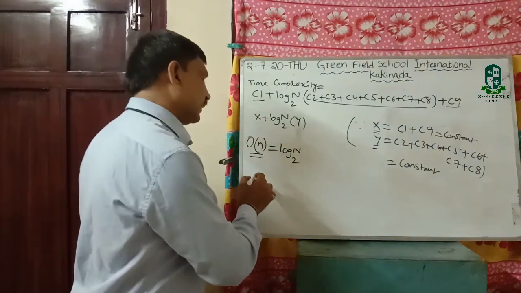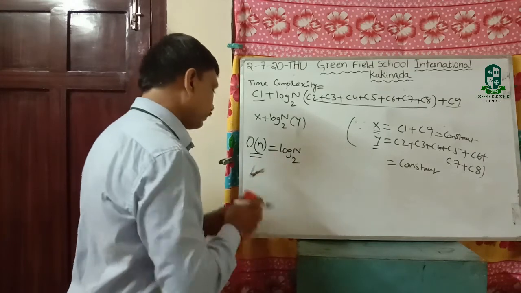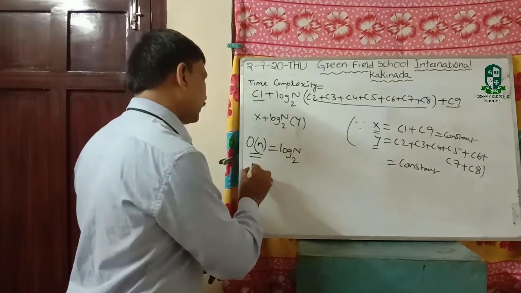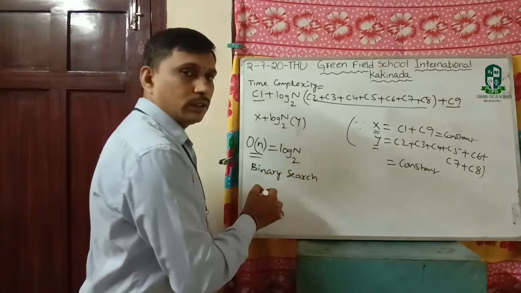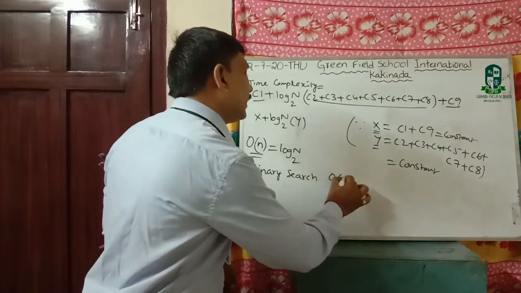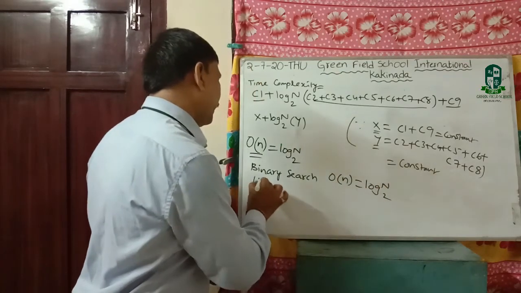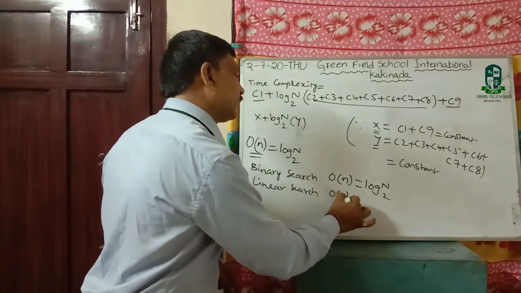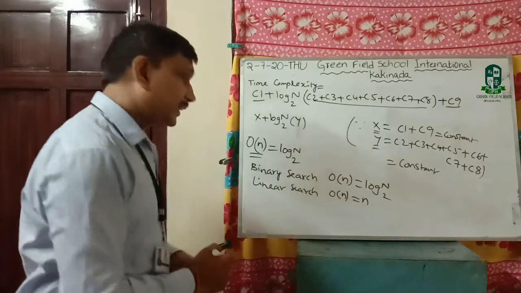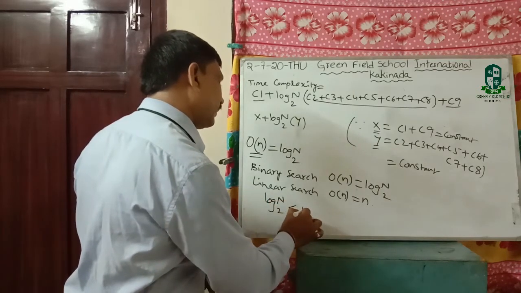Last, linear search and binary search. For binary search, order of n is equal to log n to the base 2. For linear search, order of n is equal to n. Here, log n to the base 2 is always less than n.